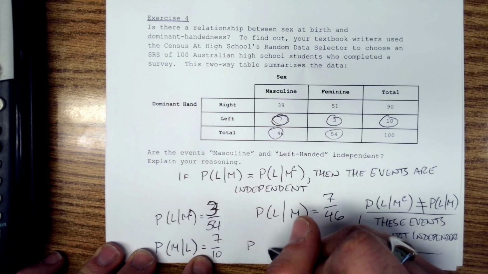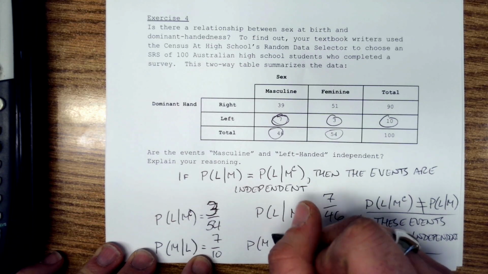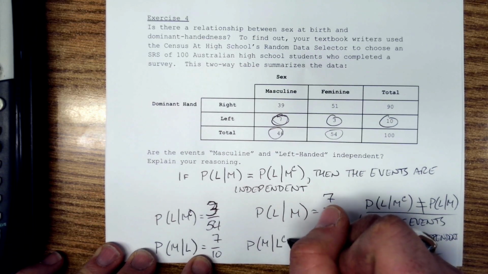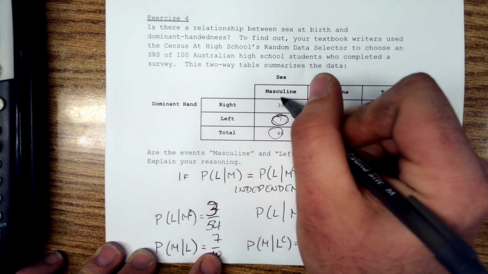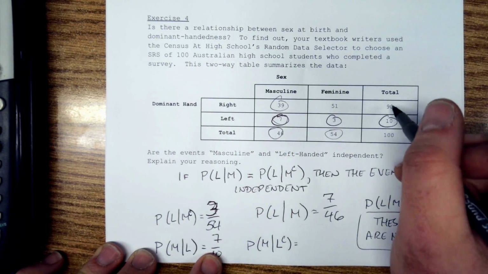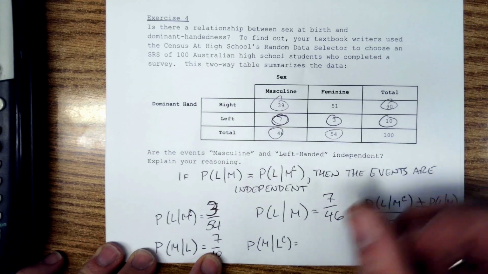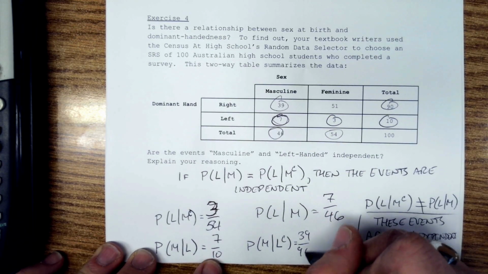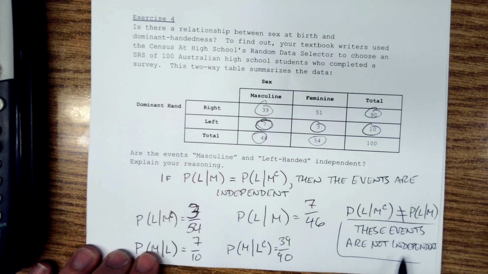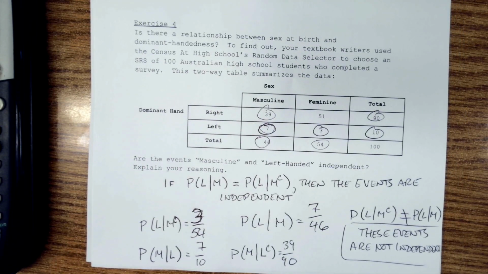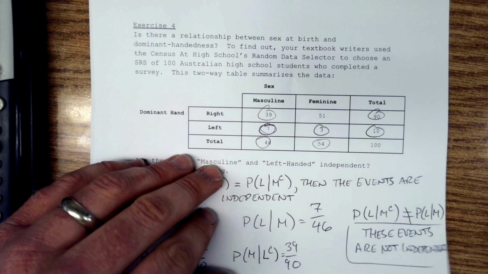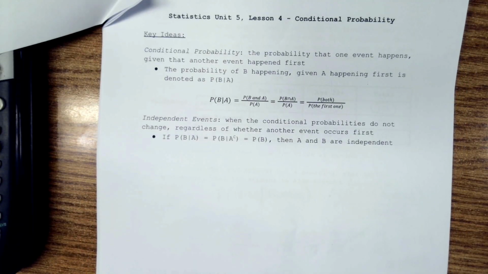And the probability that they are masculine given that they are not left-handed would be this 39 out of the people who are not left-handed, or 90. And those are also not the same. So again, these events are not independent of each other. And that was our lesson for today.